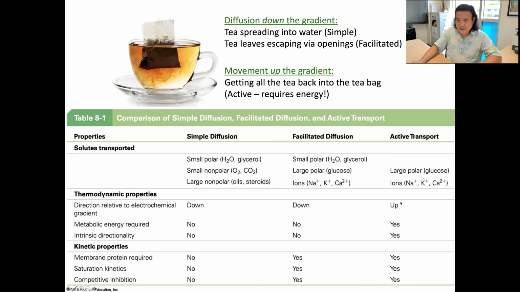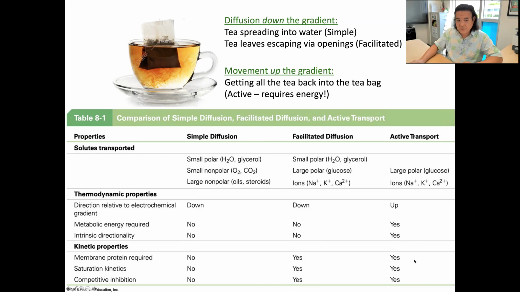Thermodynamic properties. So we are now saying active means you're moving things up against the normal concentration gradient. This would now require energy. And would there be an intrinsic directionality? Yes. That means these proteins can only work in one direction, because the way that they change their shape is to intentionally shove molecules from one side to the other against the gradient.